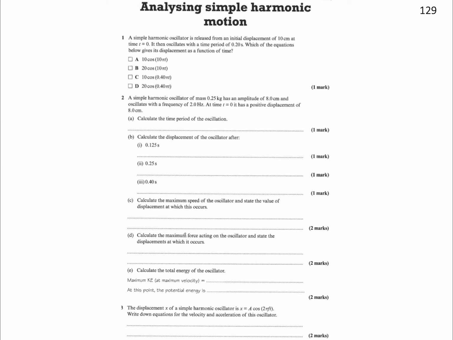Right, calculate the maximum force acting on the oscillator. Okay, so we know that, if I do this up here again, force equals mass times acceleration. The formula for the acceleration in simple harmonic motion is given by omega squared x.